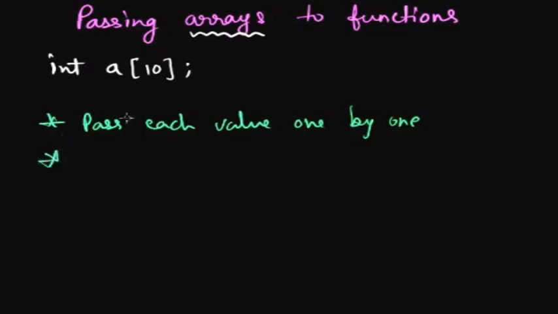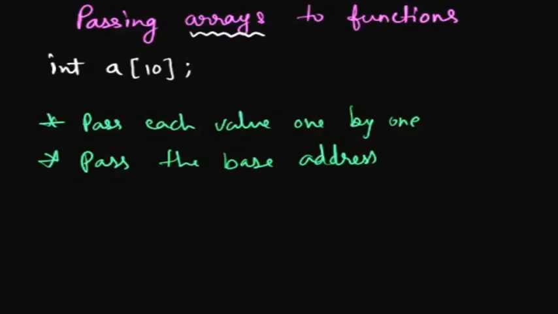Or, as we have studied pointers just before, we can pass the base address. We will have to just pass the base address and collect that into a pointer in our function, and using that pointer we can easily access the elements stored in our array.